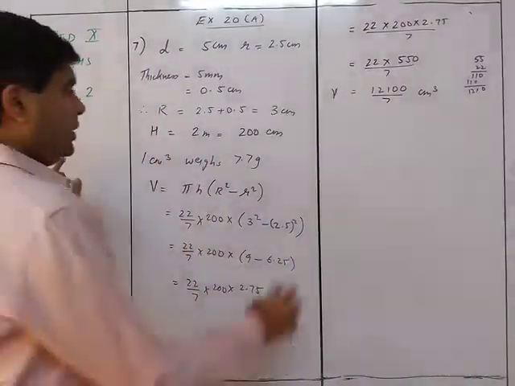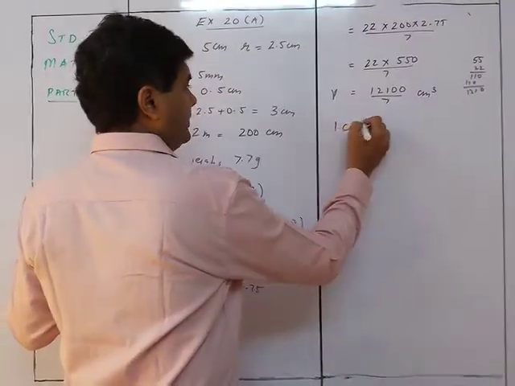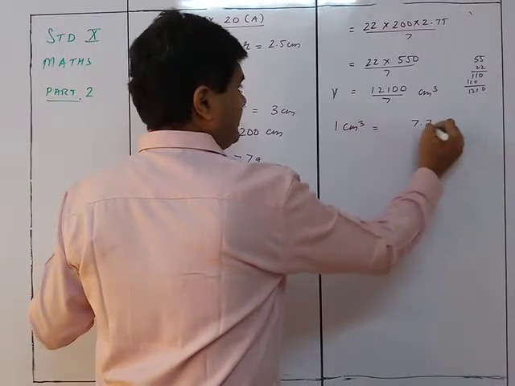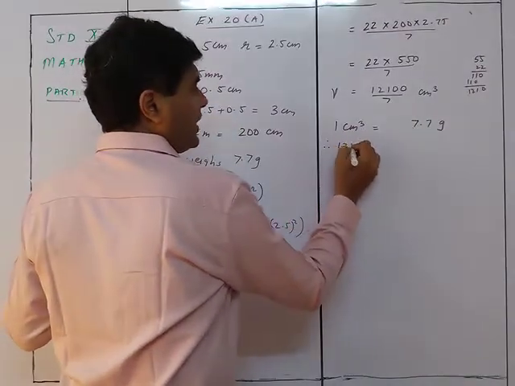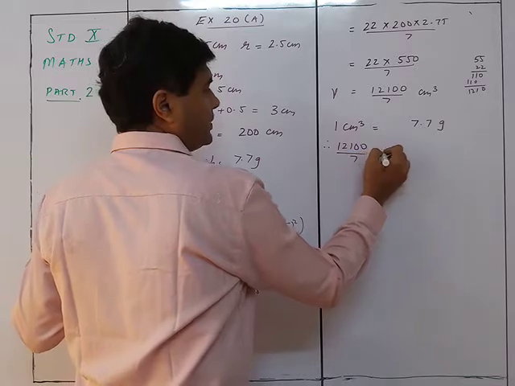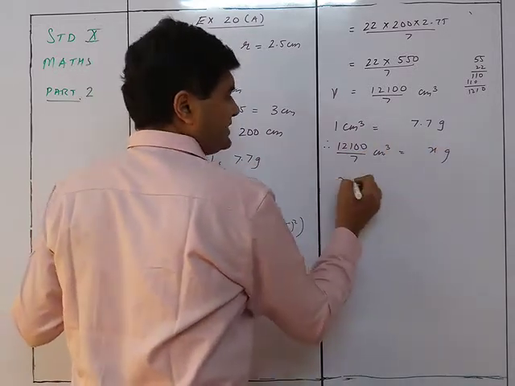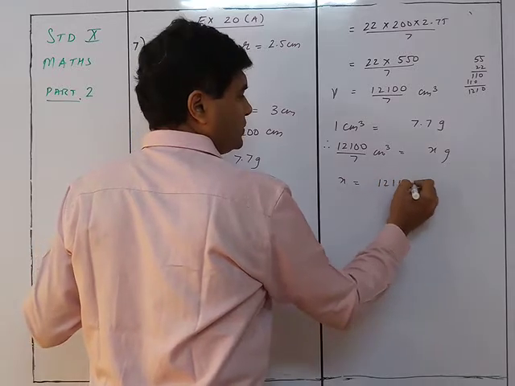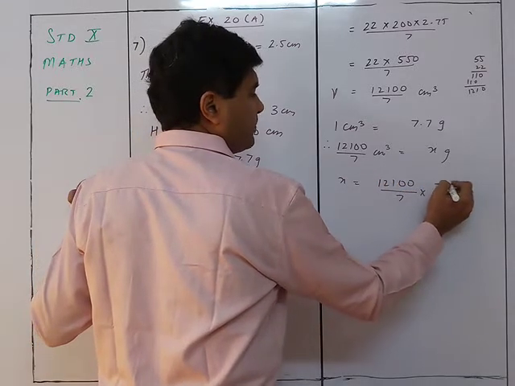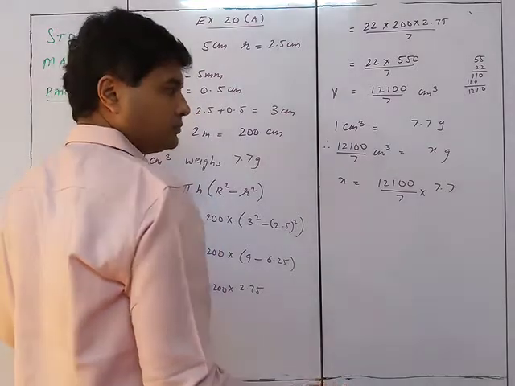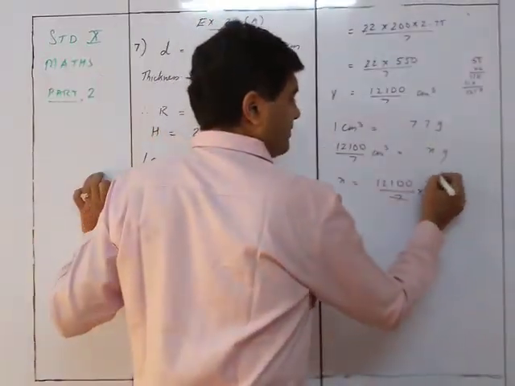And I know that 1 centimeter cube is equal to 7.7 grams. Therefore, 12100 upon 7 centimeter cube will be equal to x grams. So accordingly, x is equal to 12100 upon 7 into 7.7. So this cancels to 1.1.